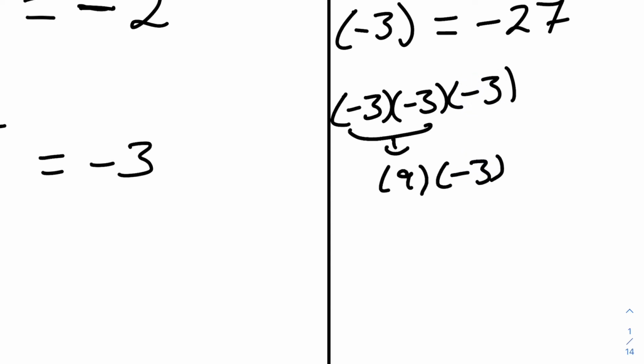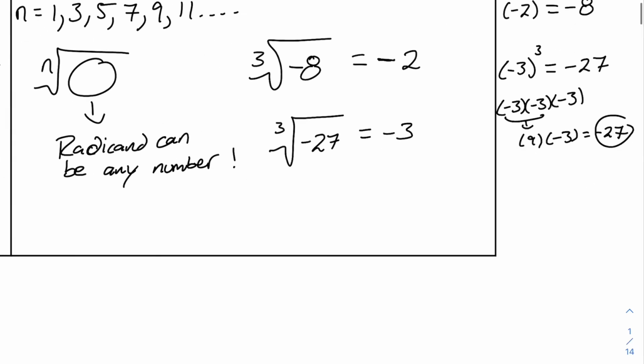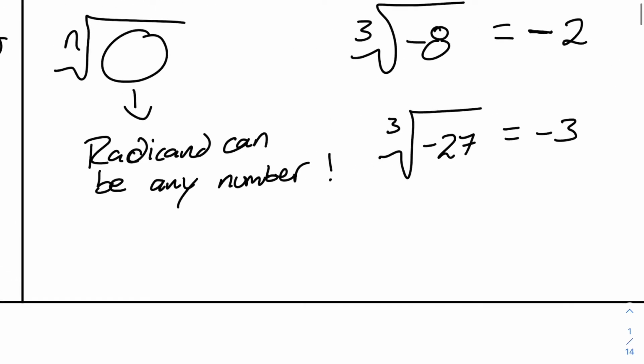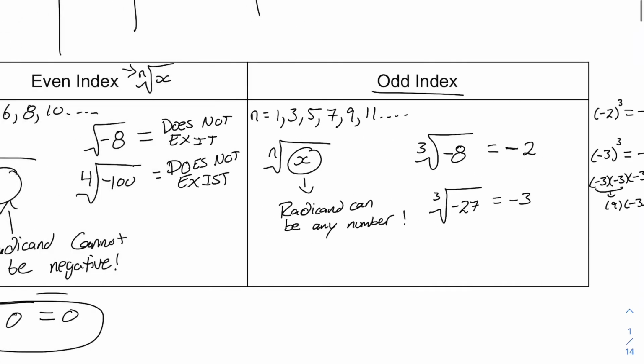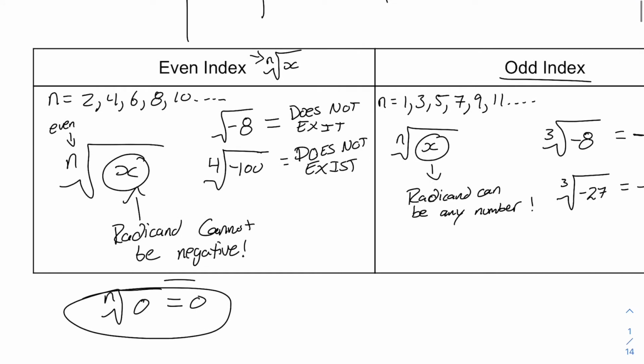That's why it's negative. 9 times -3 equals -27. So that's why if you have an odd index, you can actually have negative values inside, and the actual answer will be negative. There are no restrictions on our radicand, it can be any number. Let's just call it x here so you don't think it's a 0 going back to your notes.